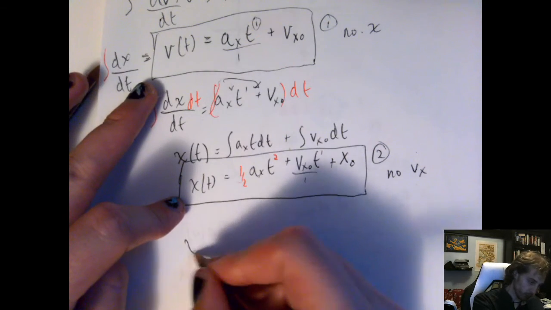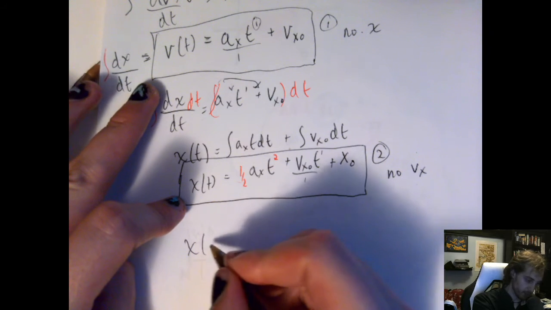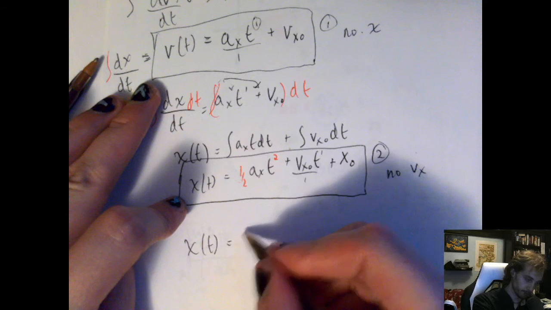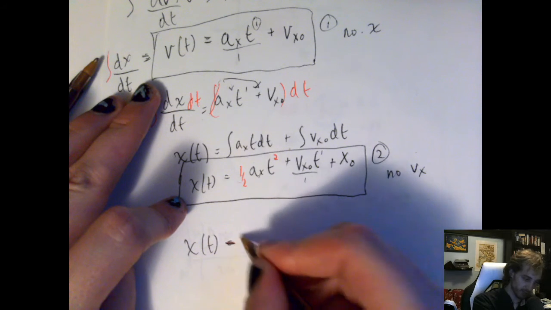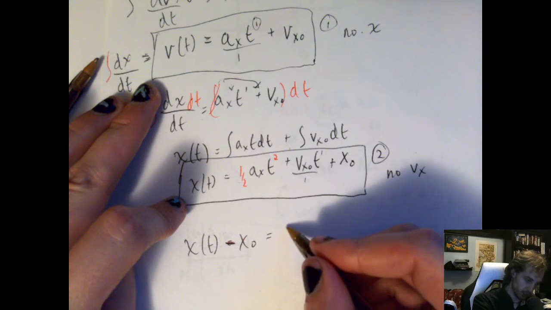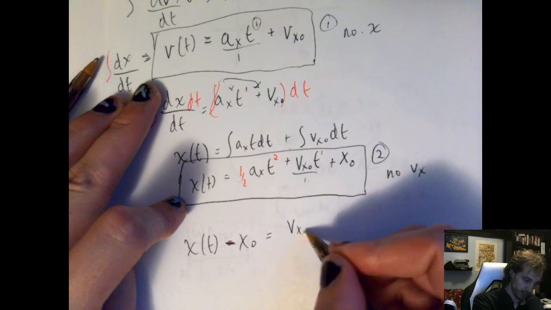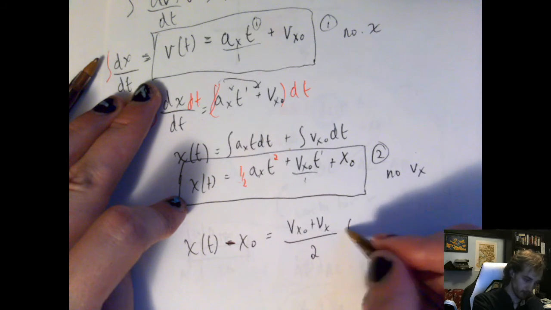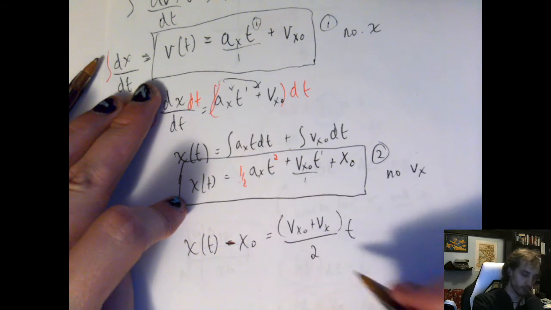When you do that, what we'll get is that your final position minus initial position, which is the same thing as displacement, is equal to vx naught plus vx divided by 2, quantity, times time.